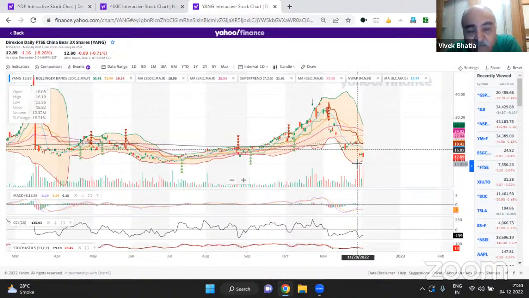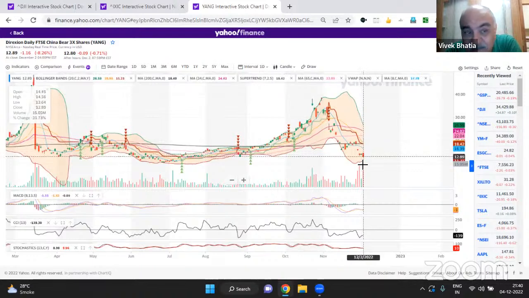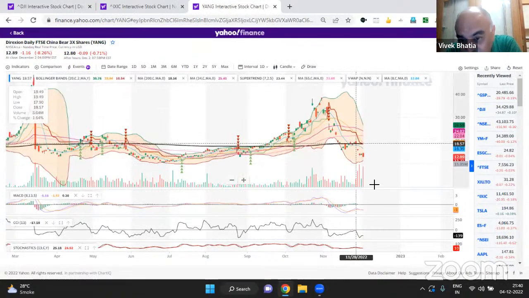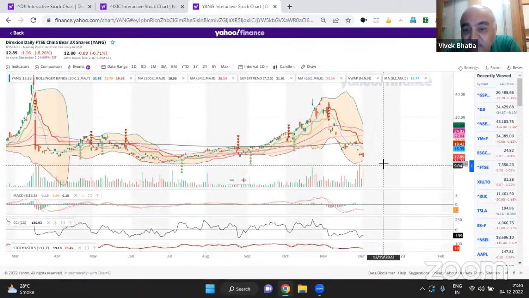Gap down, volume was double the next day, 12 million. Again, gap down, volume was 16.5 million. Then sideways, and then again gap down, or a bearish engulfing candle, 15 million. You see huge selling, and I don't see any reversal, at least not in the near future.